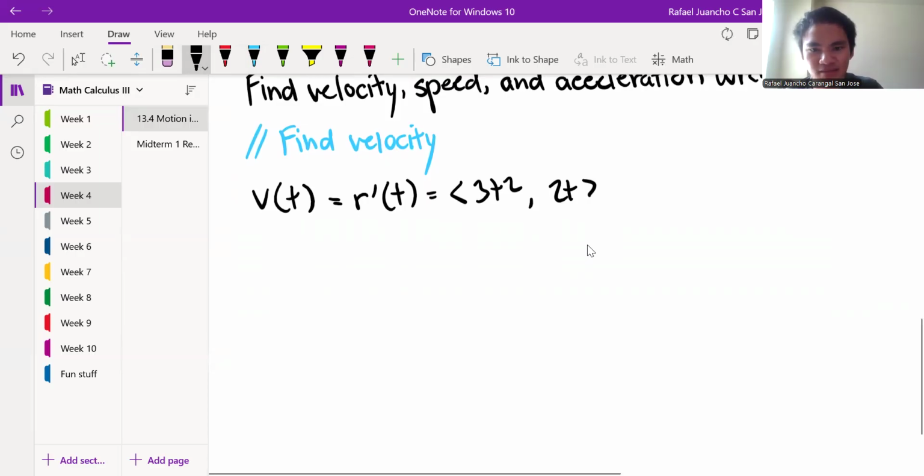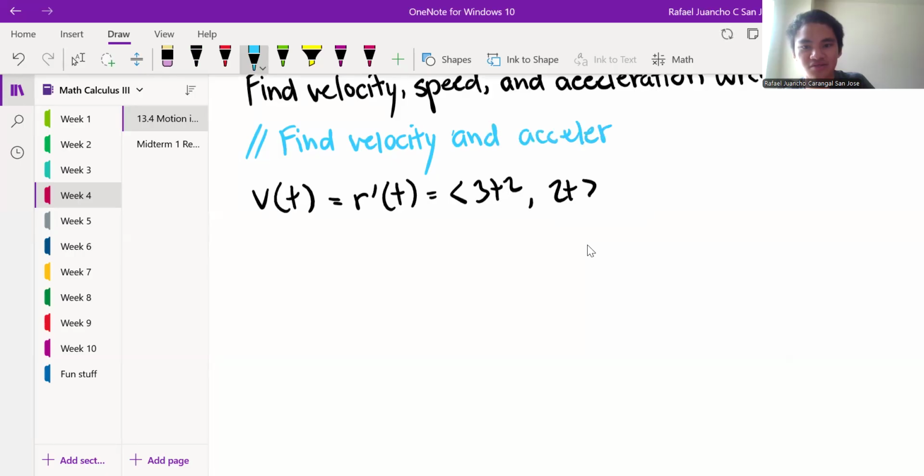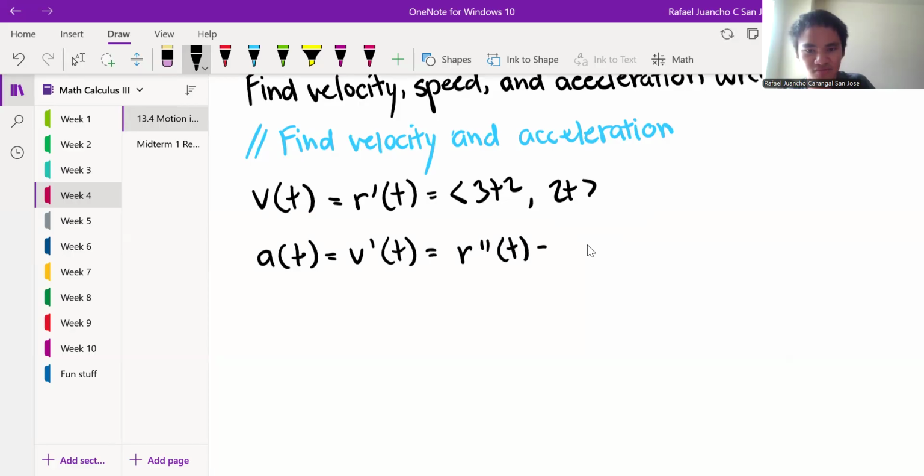Let's do it as well for acceleration. Speed is just the absolute value of v of t and r prime of t. For acceleration, it's just the derivative of my velocity vector, which is the double derivative of my position vector. And so that's just 6t and 2, right?